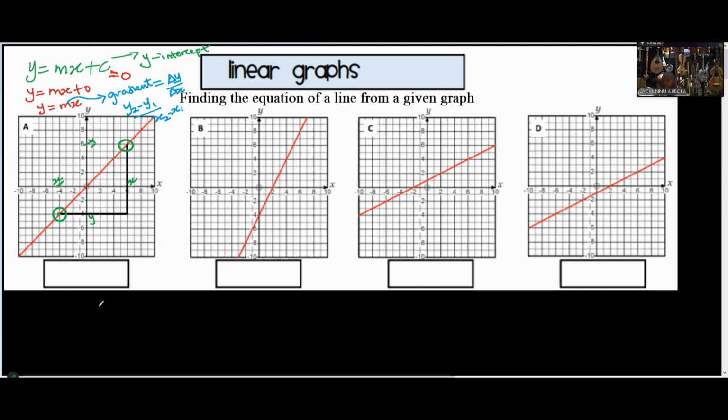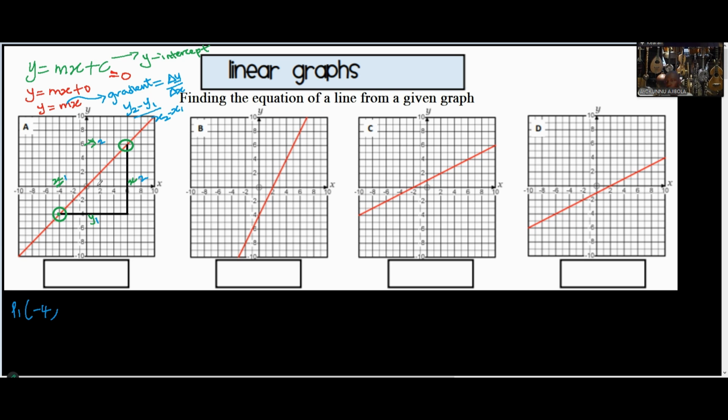Now, for this particular point, y2 is above, okay? So this is y2, this is x2, then this is y1, this is x1. Let me say the first point, point 1, that's x1, y1. X1 is negative 4. Is that clear?